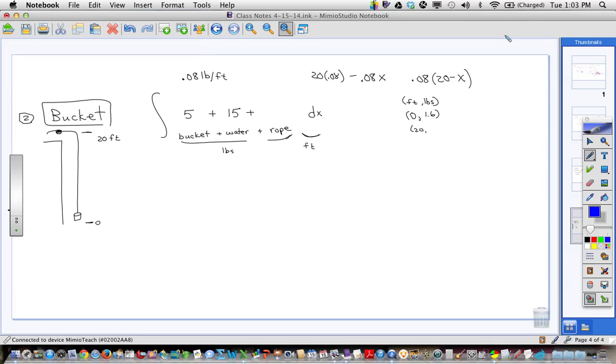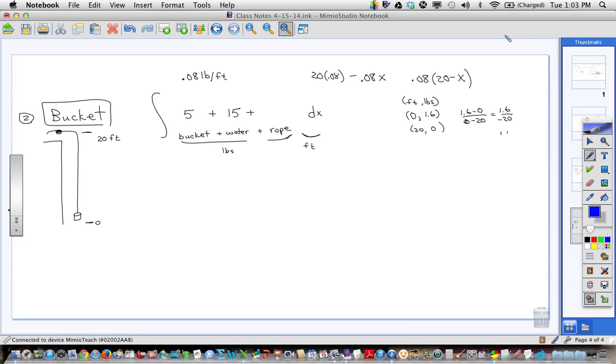At 20 feet, you've got 0 pounds of rope left, right? And just think of it as an ordered pair, and just do a slope calculation. So 1.6 minus 0 over 0 minus 20, you get 1.6 over negative 20, which is, guess what, negative 0.08, right?